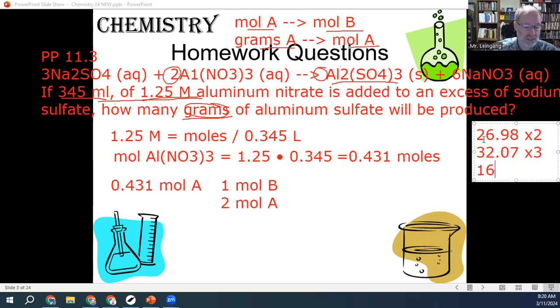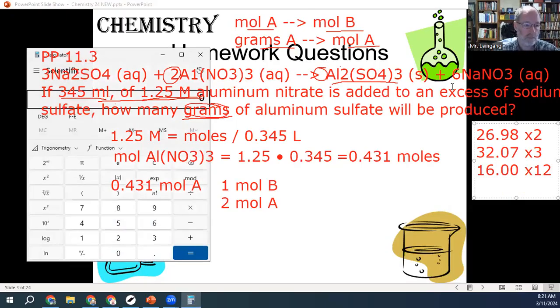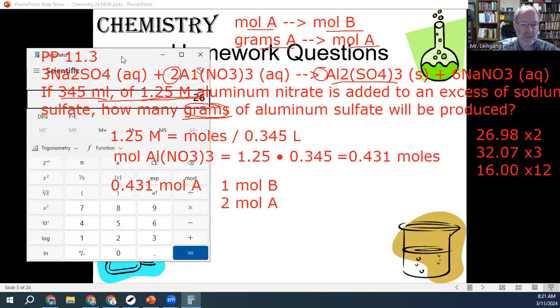Oxygen is 16.00, and there are 12 of them. How is that? Well, because there's a 3 outside the parentheses, a 4 inside the parentheses. 3 times 4 is 12. And so it's kind of a complicated little math problem. Not terrible, but I've got to do it.